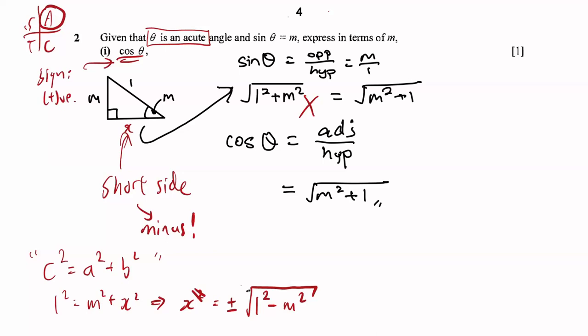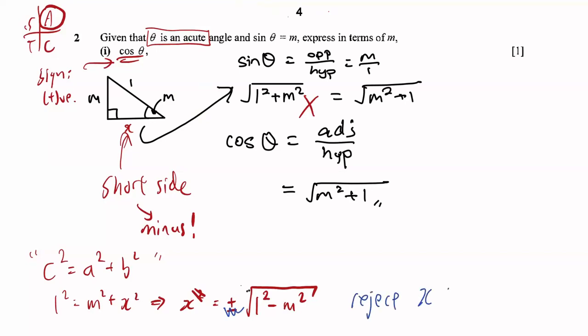So cosine means you need adjacent over hypotenuse, so it will be x over 1. In order for you to be positive, you need the fraction to be positive over positive or negative over negative. But the denominator here, 1, is already positive. So what does it mean about the numerator? It must also be positive. That's how you deduce that the x has to be positive. So you reject the negative square root.